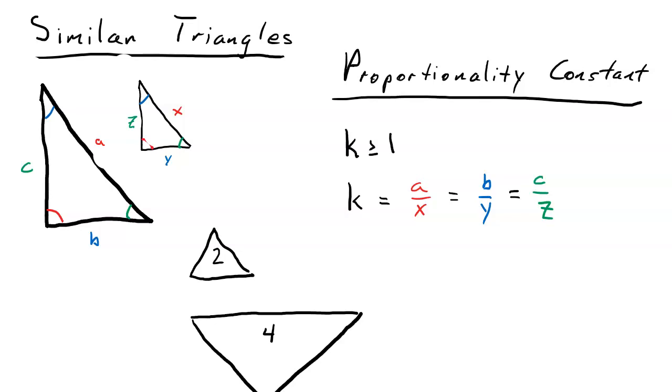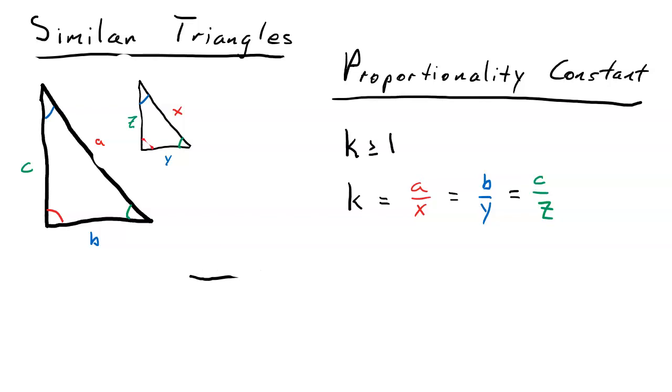The way you find it is you just take the ratio of the two sides, because you can think of each side as being that length of 2 being multiplied to get a length of 4. And the way you would see what I multiplied these lengths by, well, you would just take 4 over 2, right? And that would tell you that I multiplied it by 2.